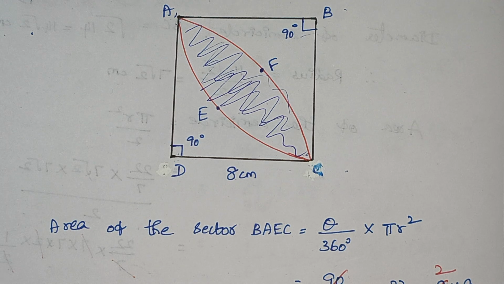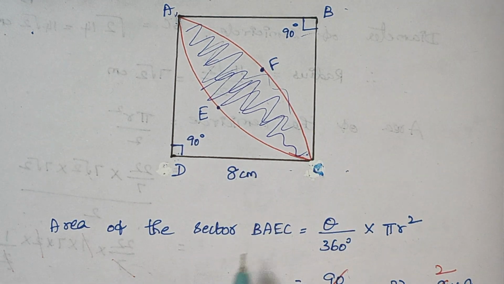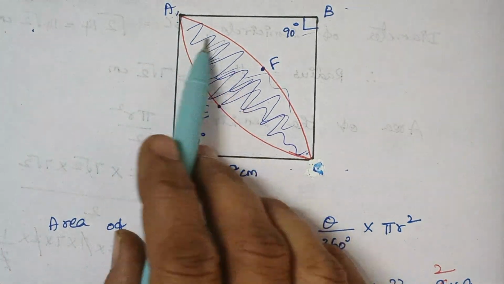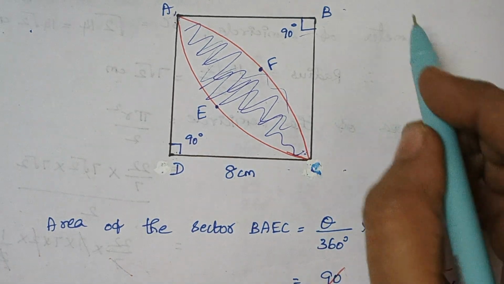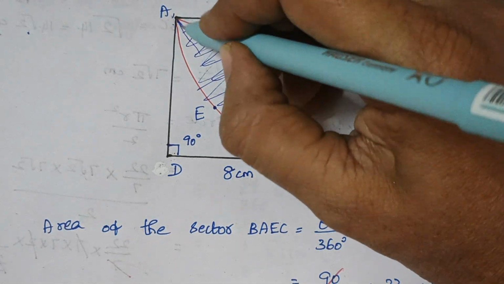So you see, I have calculated the area of the sector, okay? But how to find the area of the shaded region? To find the area of the shaded region, you see here, I am drawing a line like this, right? A straight line.